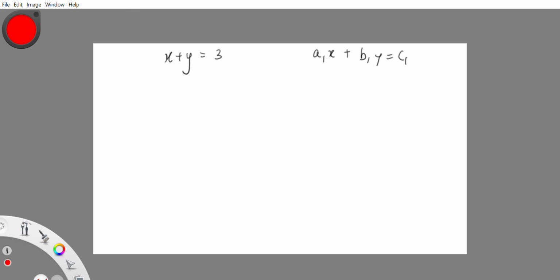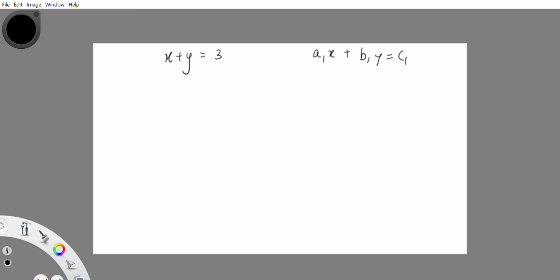Now as we can observe, both the equations can be compared because we have x on the left hand side, y on the left hand side, and a constant on the right hand side in both. Using this we can compare these equations and get the values of a1, b1 and c1.